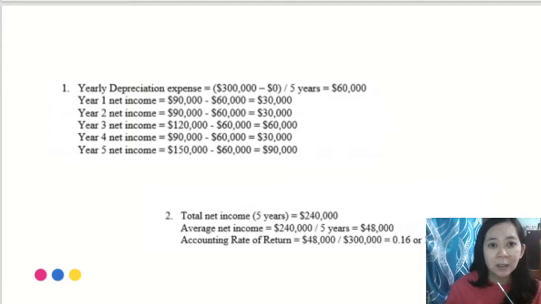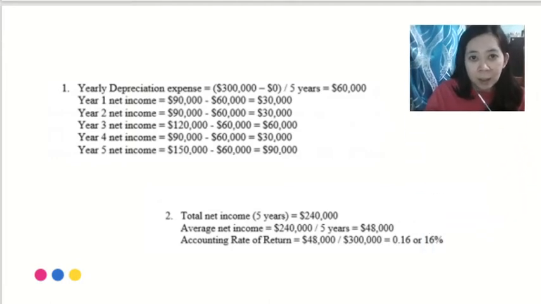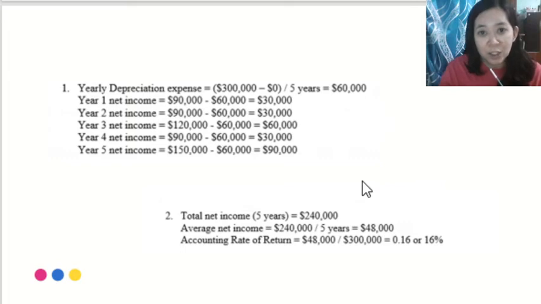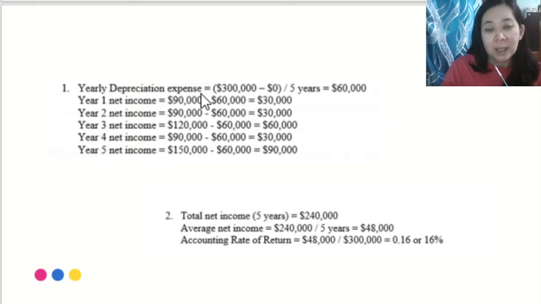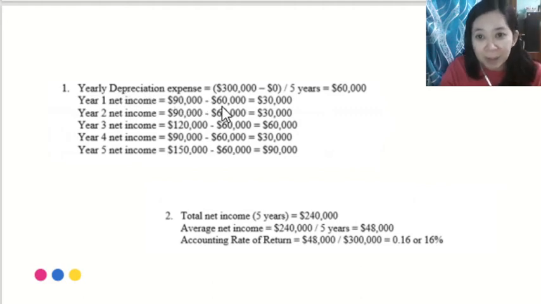First, we will determine the average income. Please take note, our average income is reduced by the amount of depreciation expense. So in the first step, we compute the yearly depreciation expense and deduct it from the net income provided for every year. Based on the data, the yearly depreciation expense is the cost of the investment minus salvage value divided by its useful life.